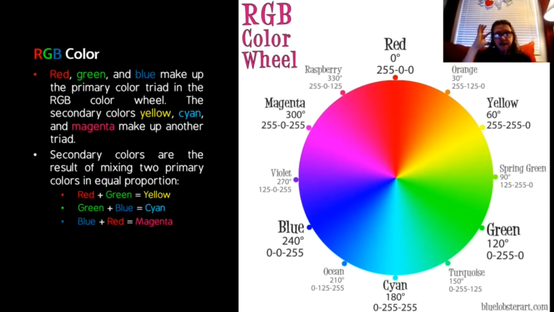And that might not immediately make sense until you remember that what you're using is light. And so if I take a red light and I add a green light to it, the two lights coming together are now stronger, so they're going to be brighter. Or a green light and a blue light coming together. The light overlaps, and the light that we get is now stronger and therefore brighter.